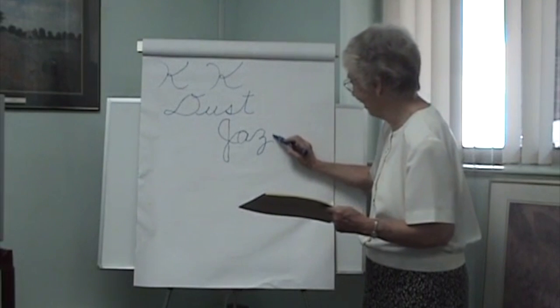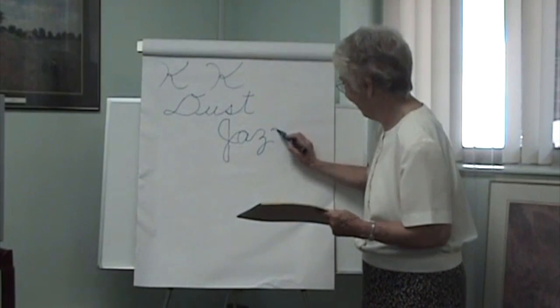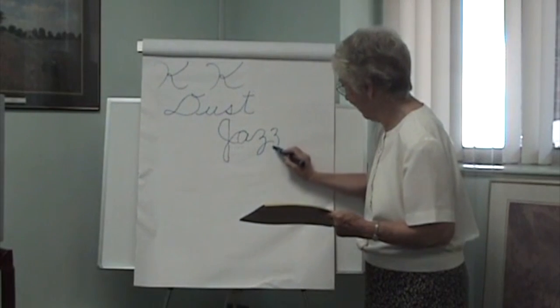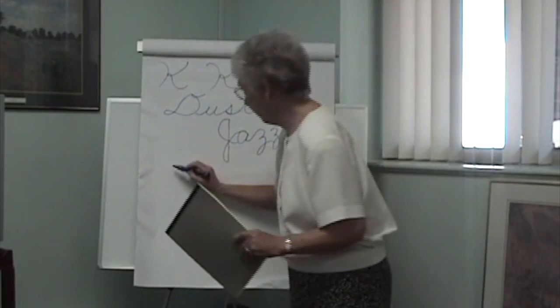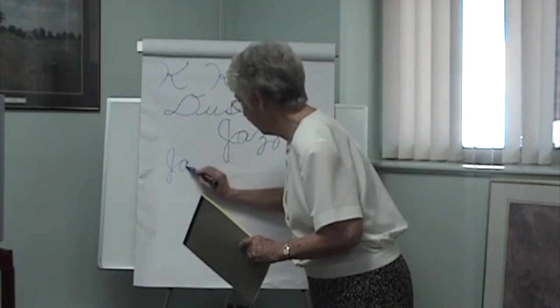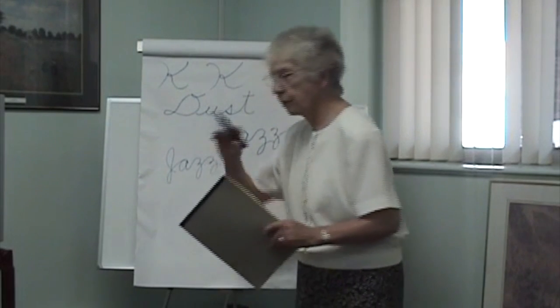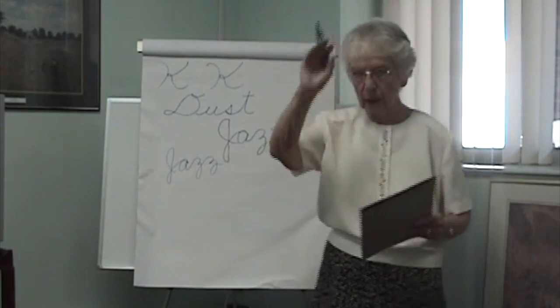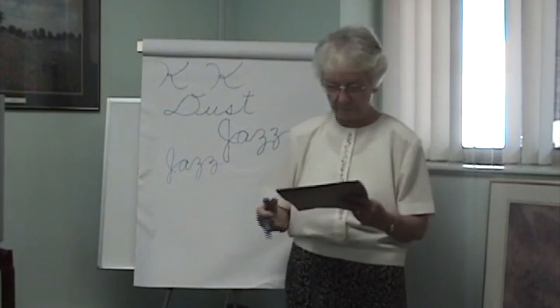I'm sorry, I forgot to connect them. Let me do it right here. J, A, Z, Z. And don't forget, it has to flow like a river. J, A, Z, Z. Okay?